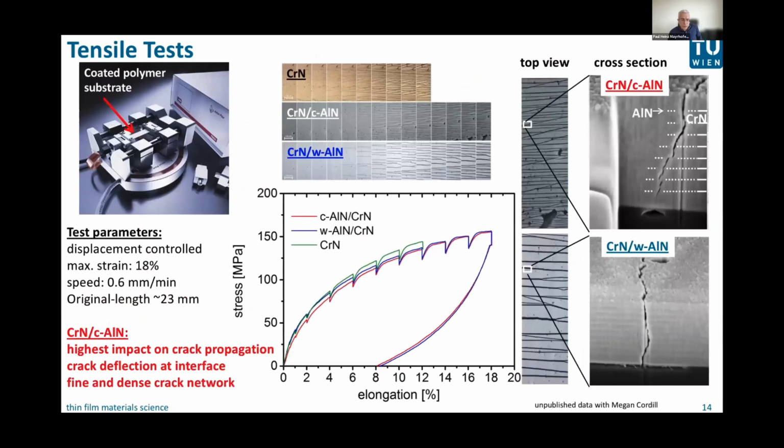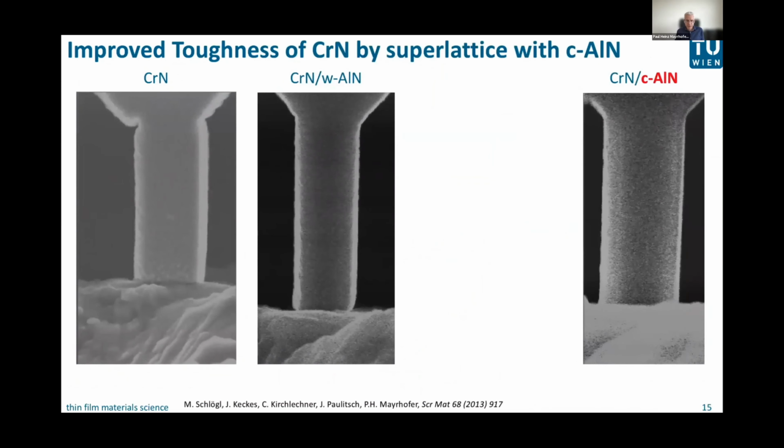We saw that also on polymer substrates, chromium nitride example, just chromium nitride. When we elongate this sample, we see a lot of cracks here. If we have the aluminum nitride in a metastable state, then we have a nicer, finer crack network, and we see that the cracks at the individual interfaces are deflected. Extremely effective in increasing fracture toughness.